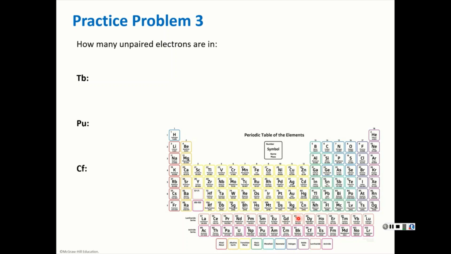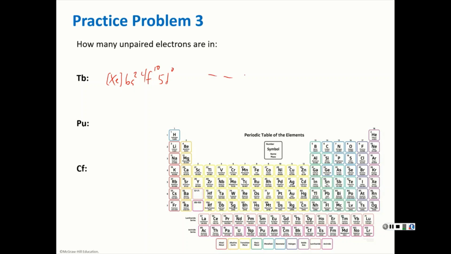If we write that configuration, let me switch to my pen. This configuration is xenon 6s2 4f10, and if you want to be complete, we would put 5d0, but we don't really need that since there are no d electrons.